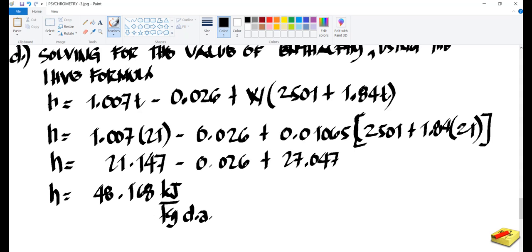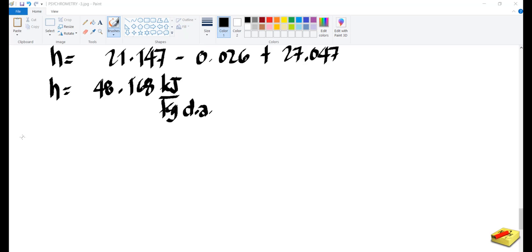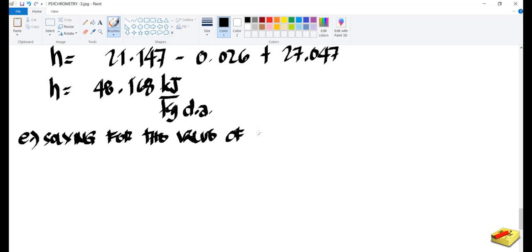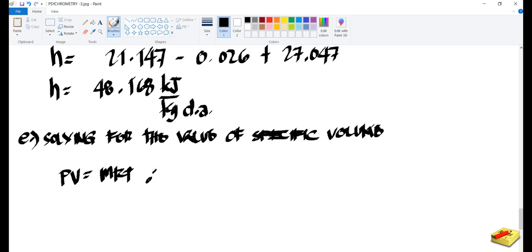Okay, so let's go for letter E, solving for the value of specific volume. Okay, so again we have from your PV equals mRT, no. Okay, so we can derive your volume over mass.